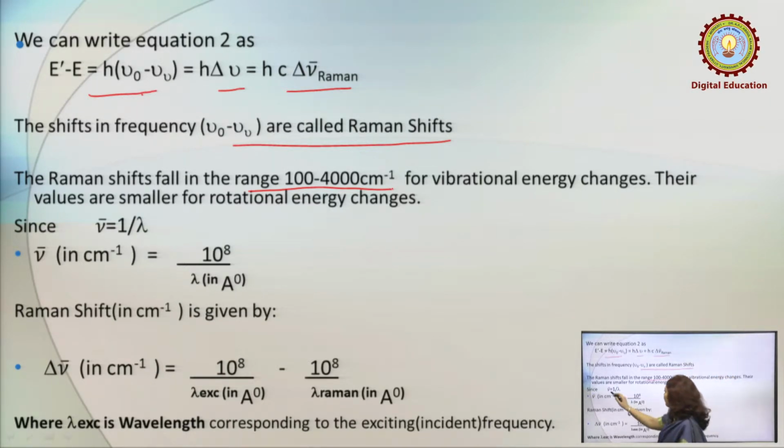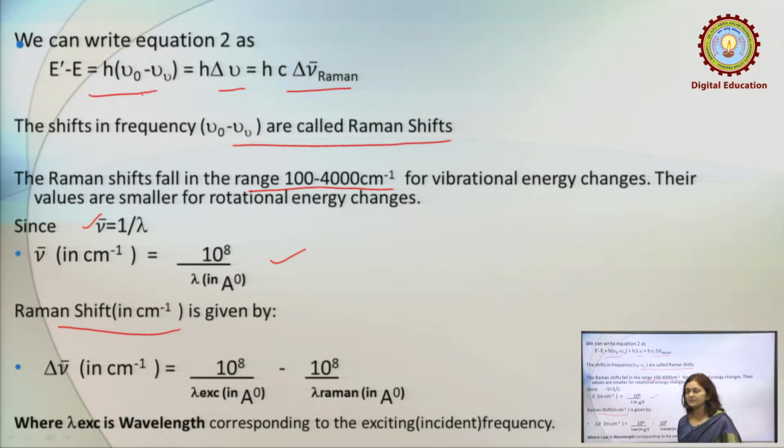Since wave number is equal to 1 by lambda, the wave number in centimeter inverse we can write like this: 10 to the power 8 upon wavelength in Angstrom. This is your Angstrom. Raman shift in per centimeter is given by this equation. This is your wave number of Raman shift.